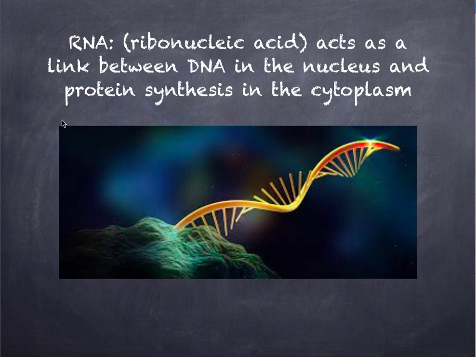So instead of having adenine, guanine, cytosine, and thymine, RNA is going to have adenine, guanine, cytosine, and uracil. So we're replacing thymine with uracil in our bases. And we'll definitely explain more of that as we get into our unit. I just wanted to give you a broad concept of RNA as opposed to DNA.